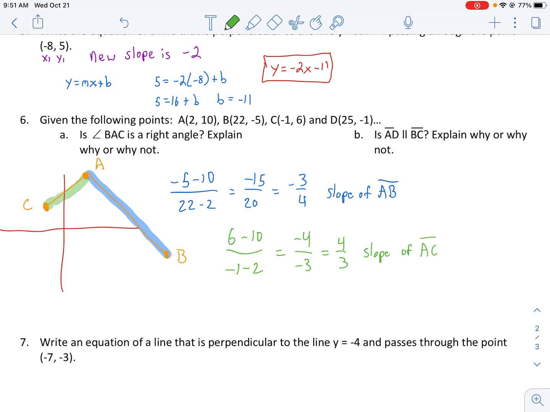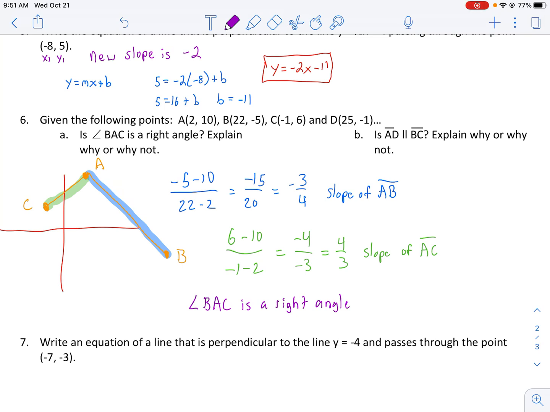Look at those, they're reciprocals and they're opposites. So angle BAC is a right angle because these two lines are perpendicular.